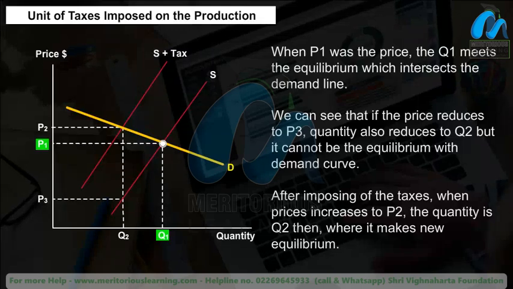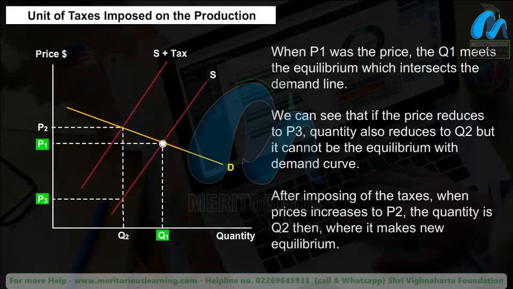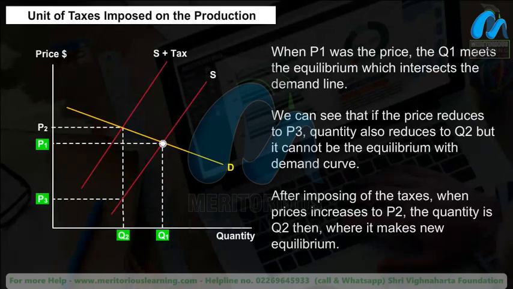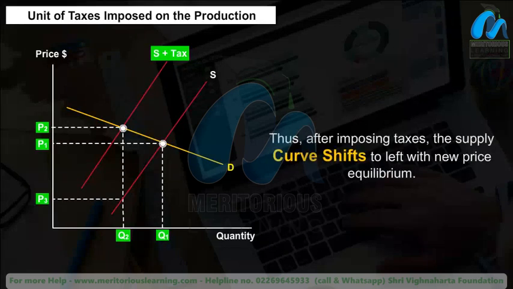If the price reduces to P3, quantity also reduces to Q2, but it cannot be the equilibrium with the demand curve. After imposing the taxes, when the price increases to P2, the quantity is Q2, which makes a new equilibrium. Thus, after imposing taxes, the supply curve shifts to the left.